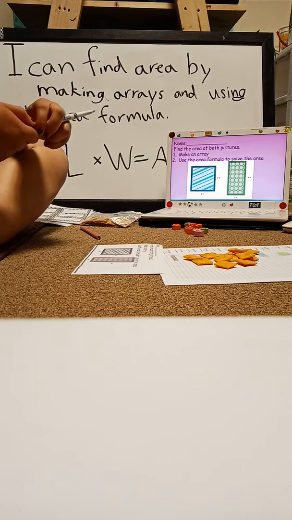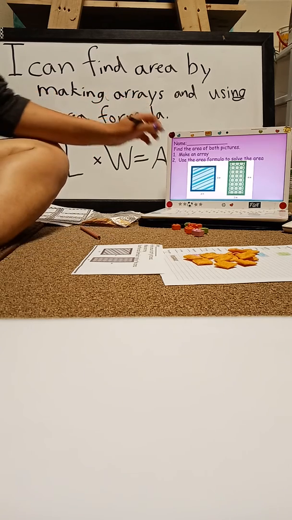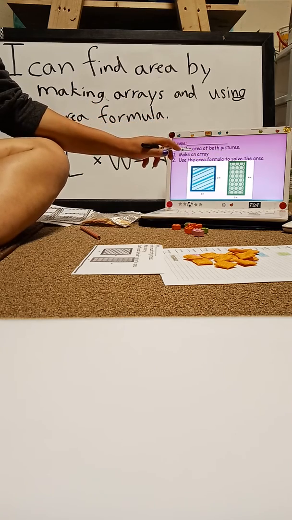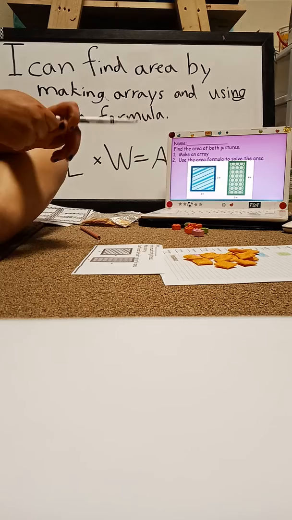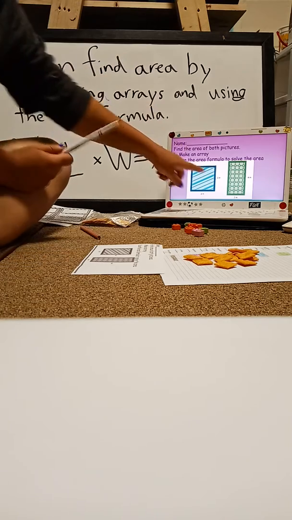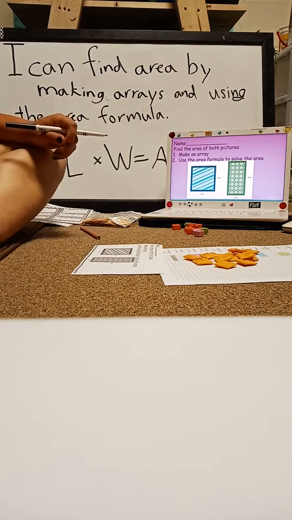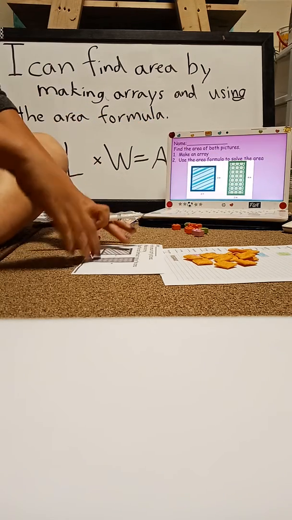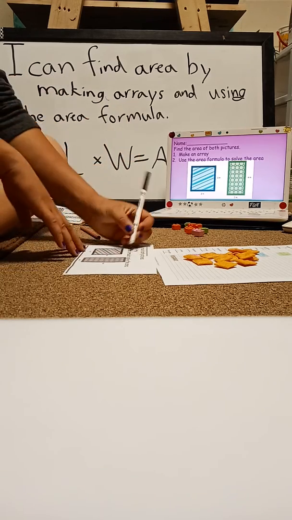I'm going to do it on my paper, but when you're done, make sure you also write your name, and I want to see you guys make the grid, and I want to see you guys use the area formula, and when you write your final answer, make sure you use the same measurement. So this is in meters, so your final answer should be in meters. Alright, you guys do this, and I'm going to go ahead and do it with you.